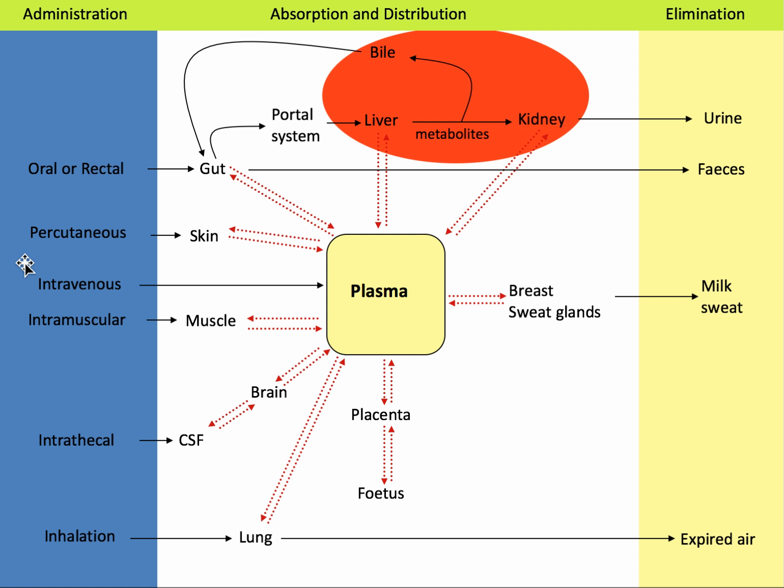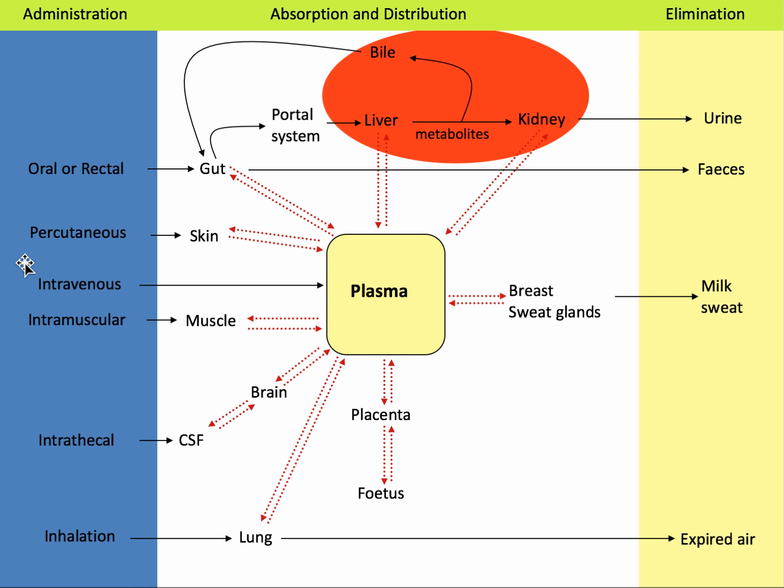And you can have intramuscular, so fungal medications are usually intramuscular. Now you've got intrathecal, which is basically a process of lumbar puncture, where you inject the medication into the spinal cord and into the CSF, the cerebrospinal fluid.